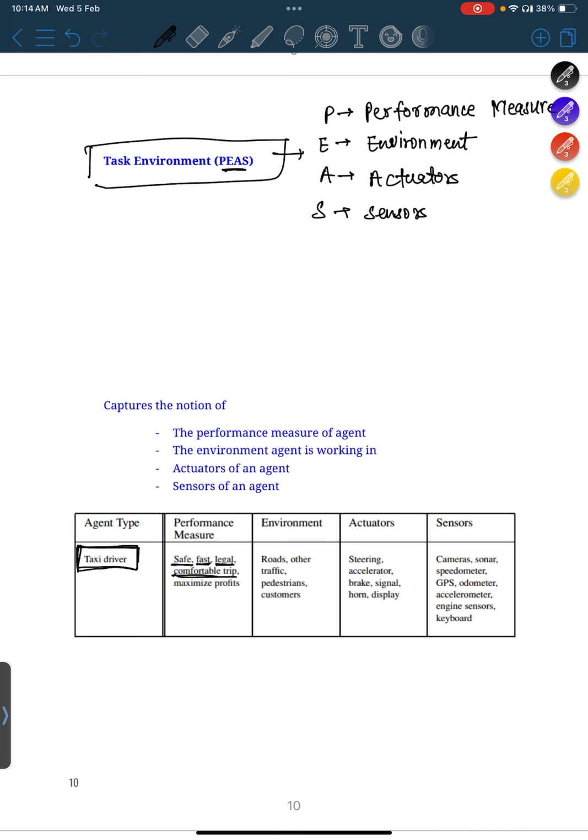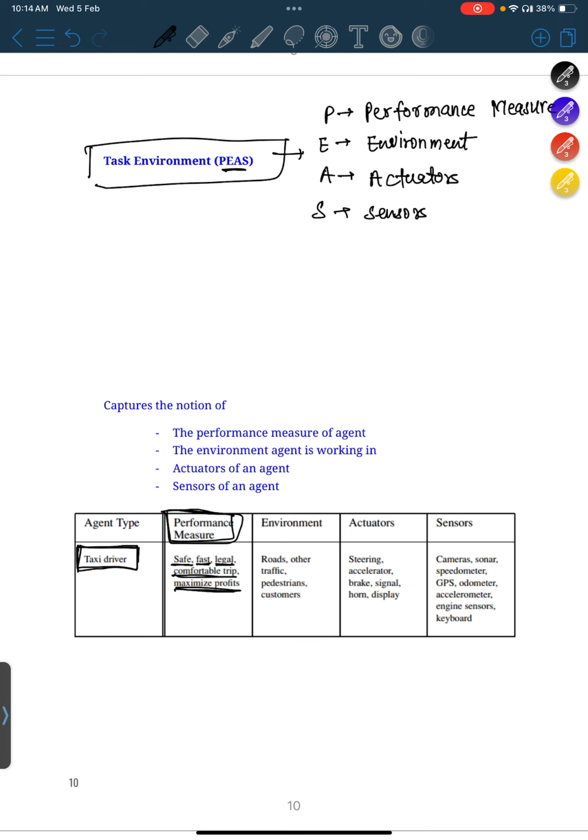You don't want to not reach the destination safely, right? And along these lines, it also tries to maximize profit. So these are various performance measures a taxi driver agent can help with.